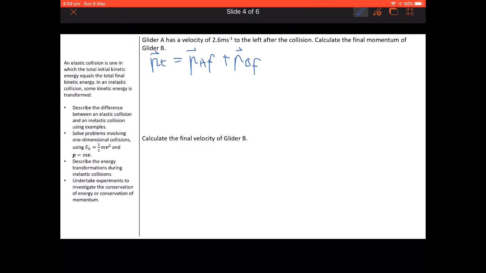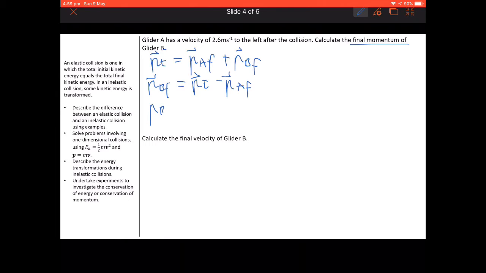So the initial momentum will be equal to the final momentum. We're looking for the final momentum of B, so we'll just rearrange this one to say the final momentum of B is equal to the total momentum minus the final momentum of A.